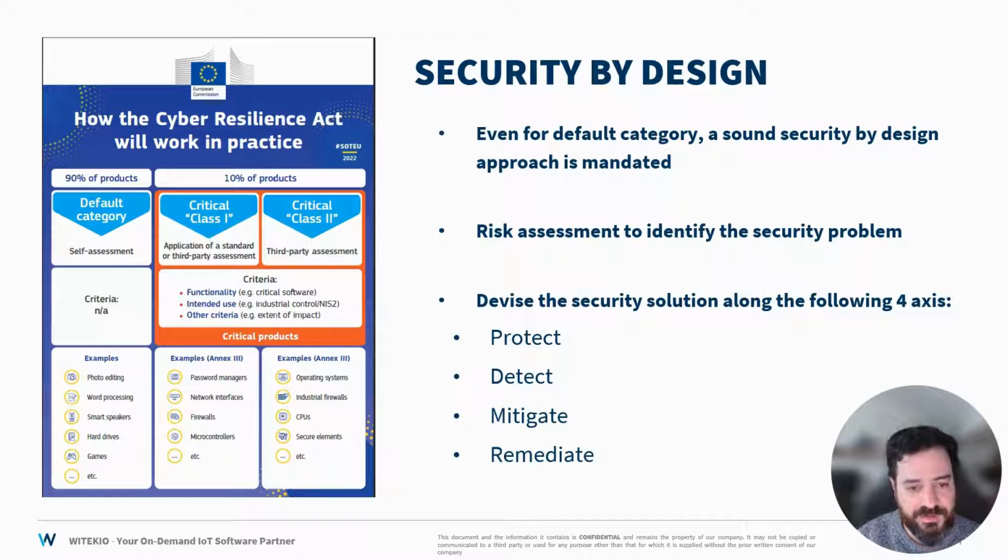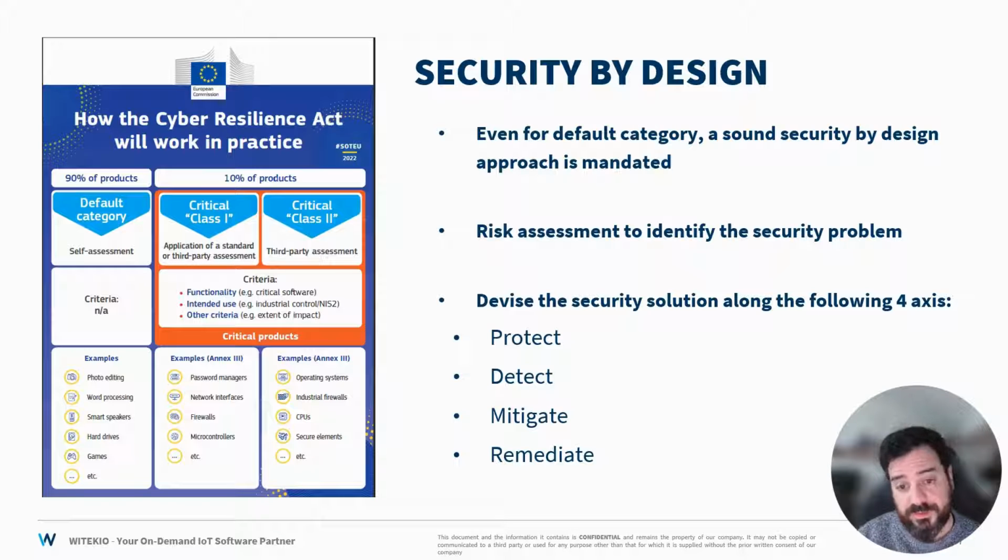This categorization is really important because it will tell manufacturers whether they can deal with a self-assessment or they need to have a third-party assessment for their product. But beyond this, we could say that the essential criteria for being secure are really the same.